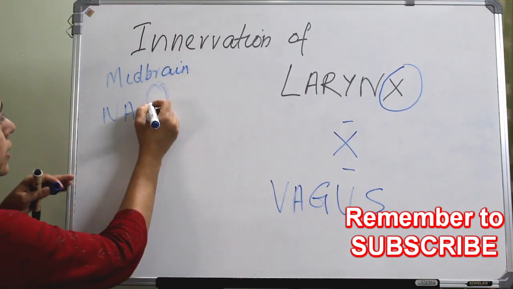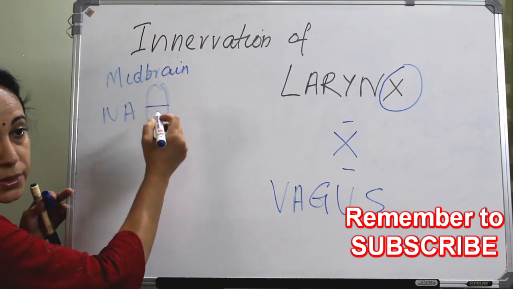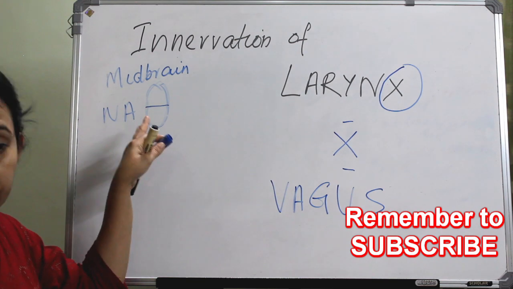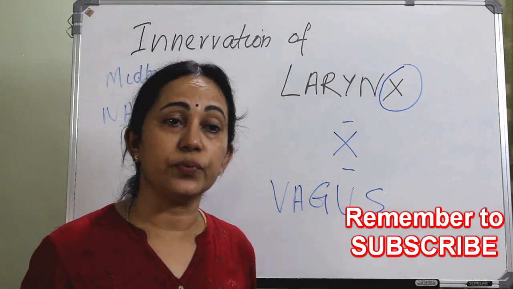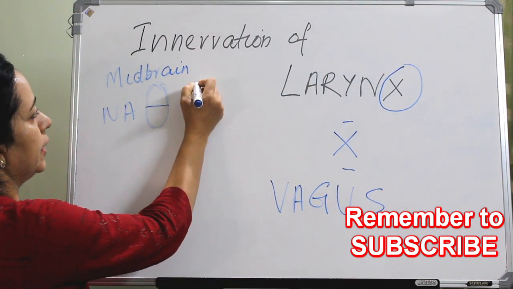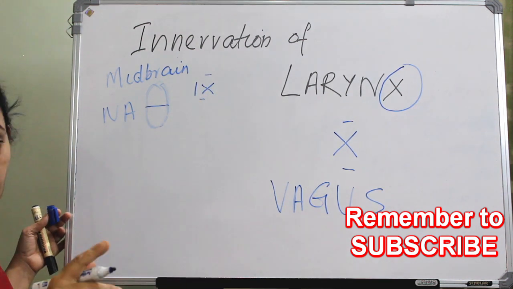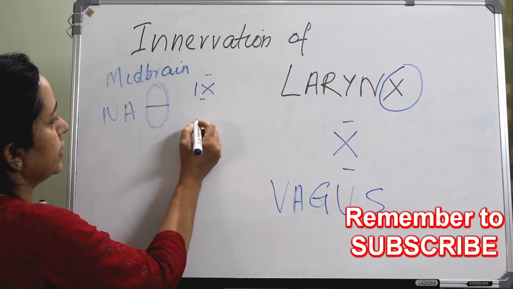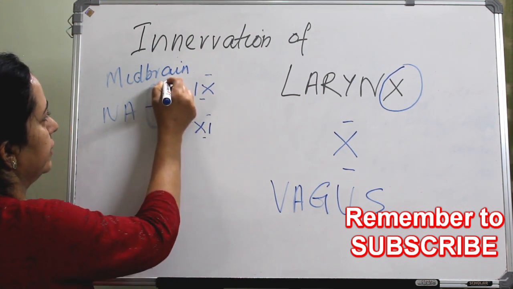and actually it has got an upper portion and a lower portion. The vagus has got two friends there. They are the 9th nerve. We always write cranial nerves in Roman numbers. Okay, and also they have the 11th nerve and 10th.